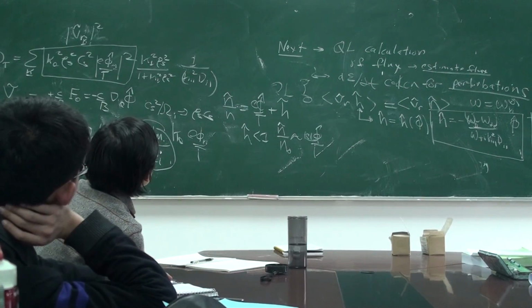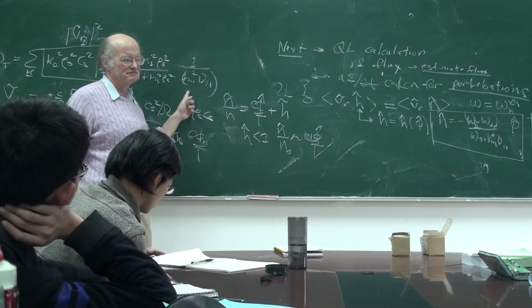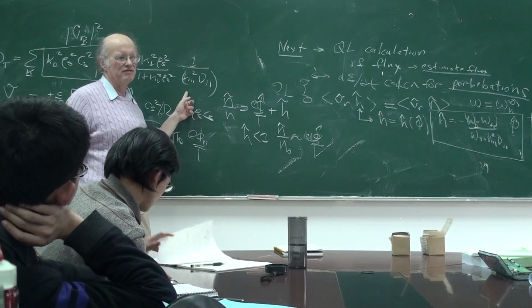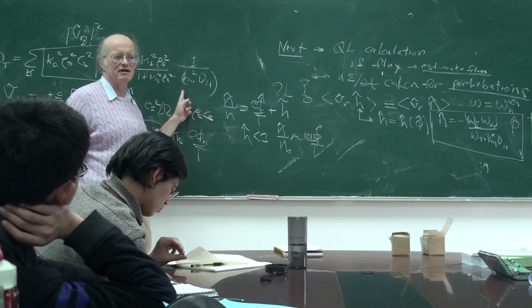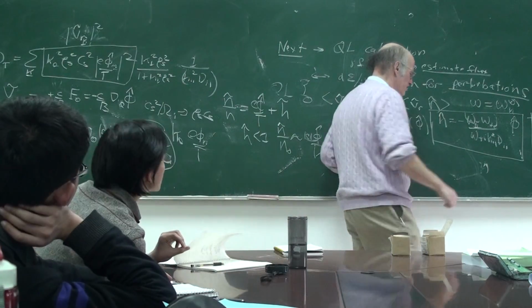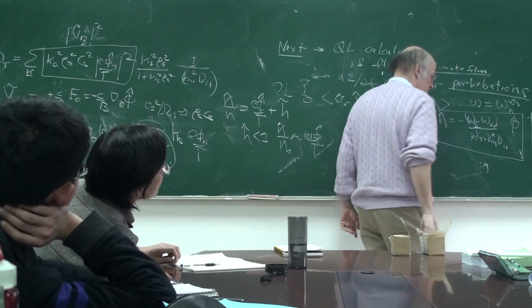This thing in the denominator, where did this come from? That comes from the linear response of h, right? That ultimately came from here. And I made life easy by saying this is bigger than that, so I'll drop that.